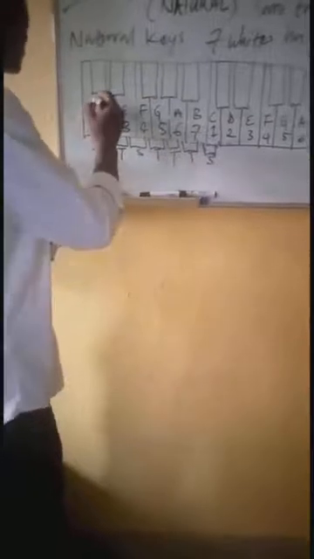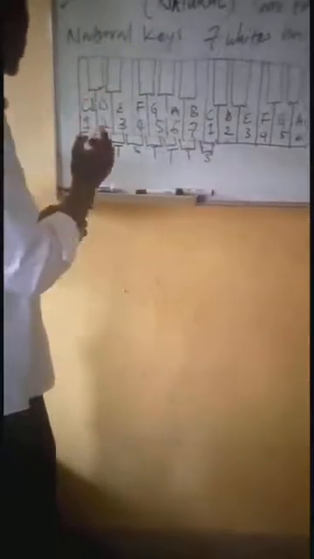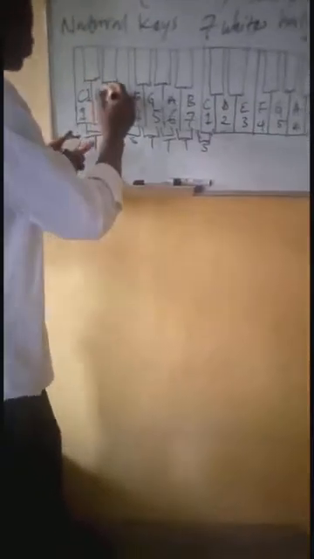Now, if you have C, since this is the first C, you just assign 1 to it. This is the first D, you assign 1 to it on the first octave. E1, F1, G1, A1, B1. Now we have reached where the C is repeated. It becomes the second C on the keyboard.